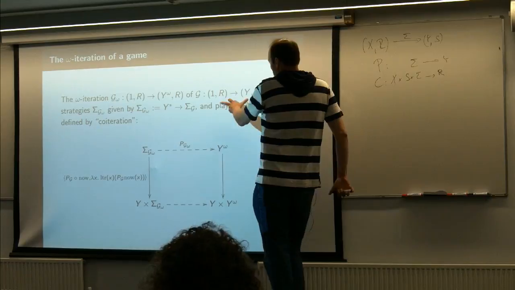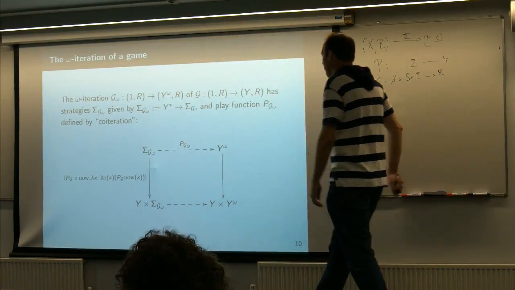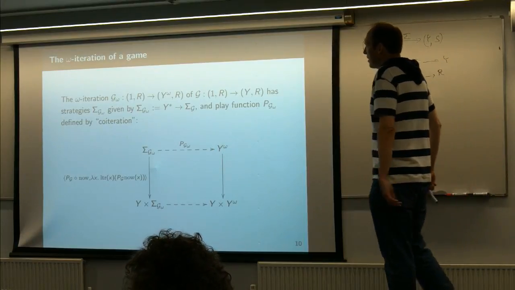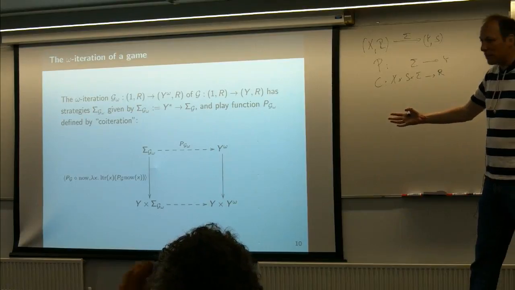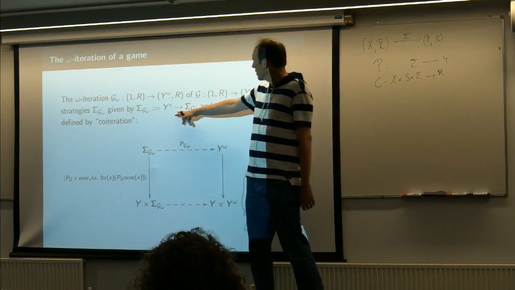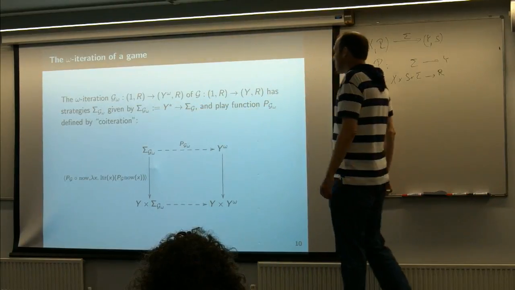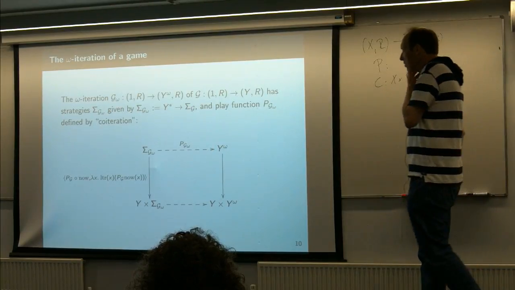So we pick this game, we want to define the omega iteration of this game. So first of all, what are the strategies? Well, the strategies are the final coalgebra of that one functor, which we had, meaning now the strategies here are, in fact, just functions from y star to sigma g. If you go back to the functor, this is exactly the final coalgebra, given what I told you.